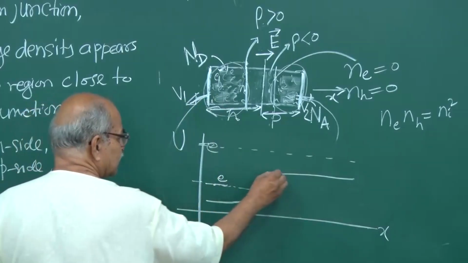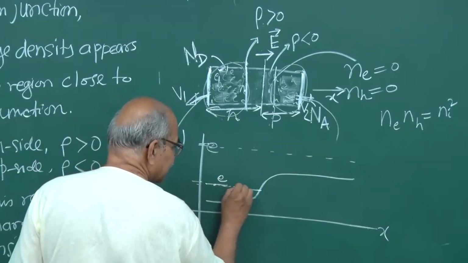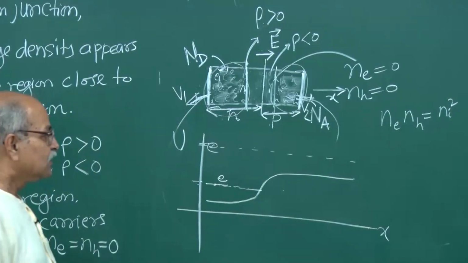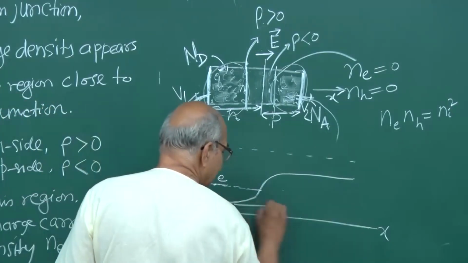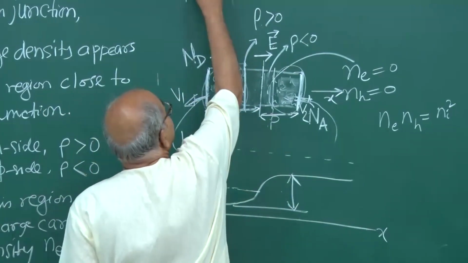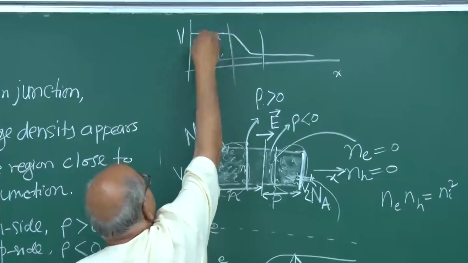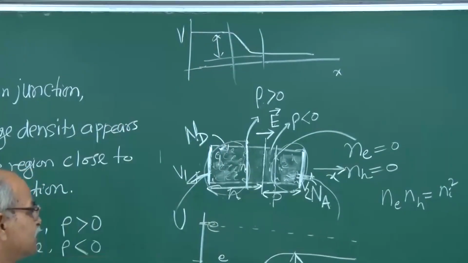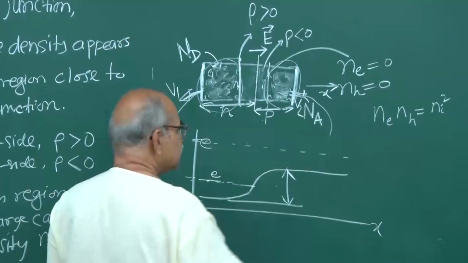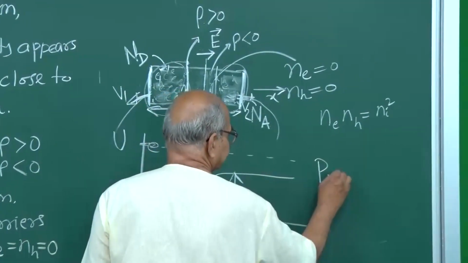But if the electron has only this much energy, it cannot penetrate, at least classically. So this height, this difference, is the same as this difference; the units are different, this is voltage, this is energy. This difference is known as the potential barrier.